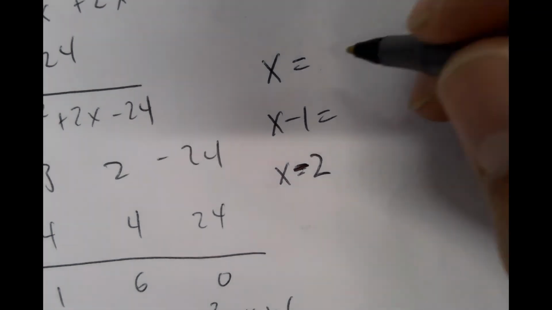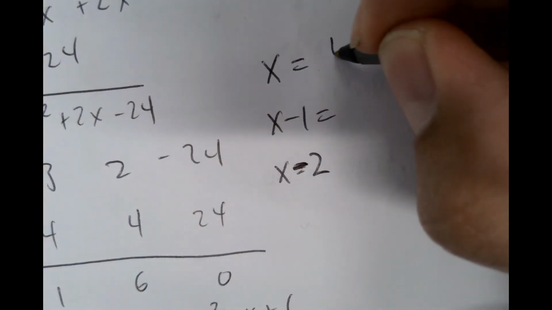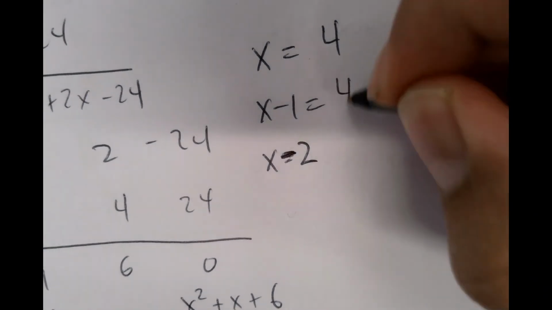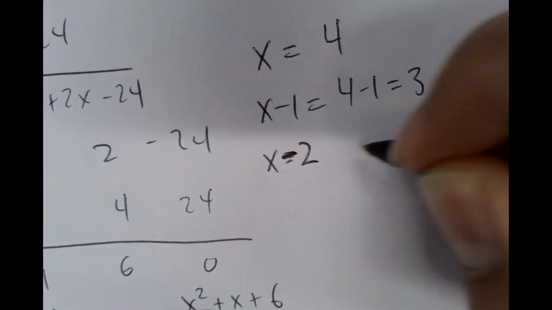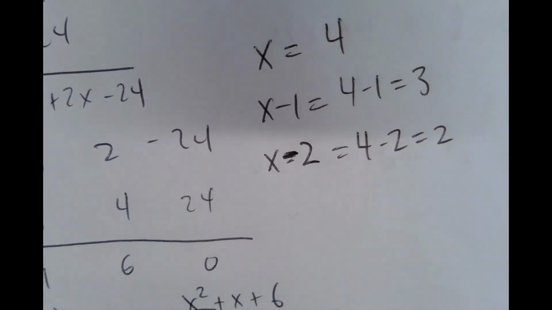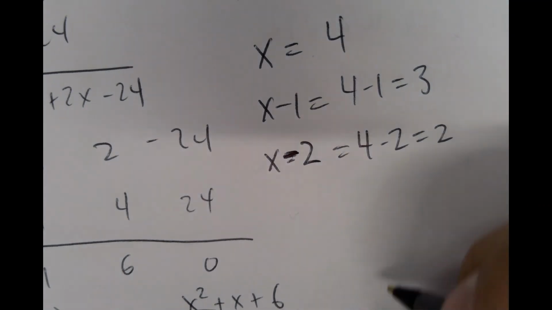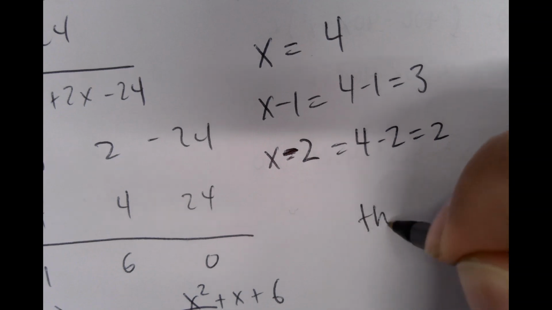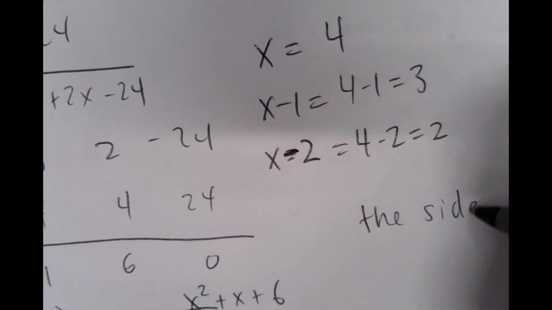So if I just fill in x for 4, I know one of the sides of the rectangle is 4. One of them is 4 minus 1, which is equal to 3. One is equal to 4 minus 2, which is 2. And I have all the sides of my rectangle, so I know that one side is equal to 4, one is equal to 3, and one's equal to 2.